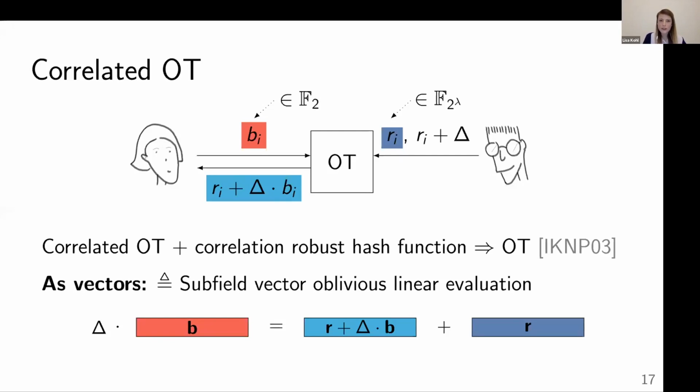And it's subfield because B_I here is a choice bit, so it's either 0 or 1. Now that we have that, we can use what I told you before, because what we need is an efficient compression of delta times B, such that it adds up to the secret sharing. This is exactly what we need.